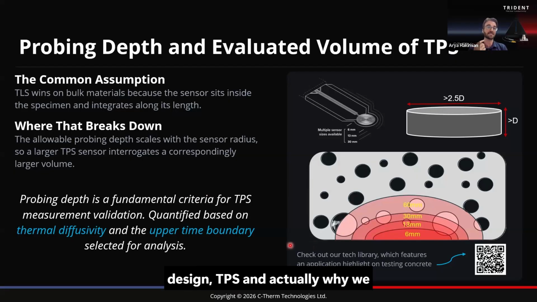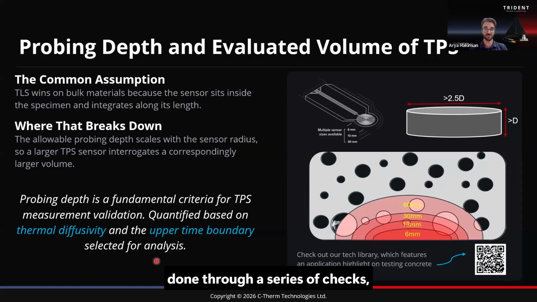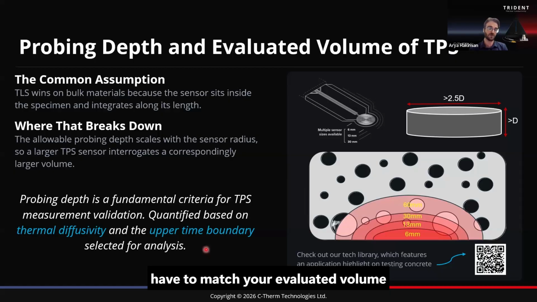By design, TPS, and this is why we relate the sample size requirements to sensor size, has a requirement in the measurement validation process, done through a series of checks outlined in the ISO and ASTM standards. You have to match your evaluated volume to the size of the sensor, so your probing depth scales with sensor size.